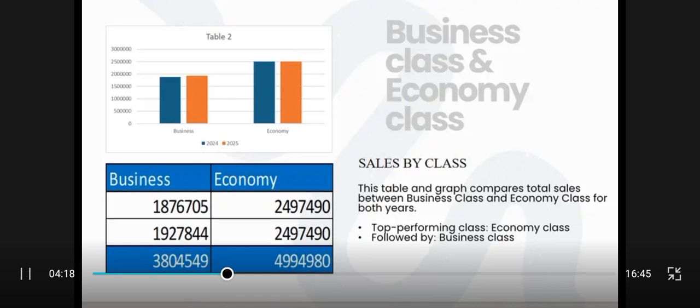And for economy class, it is 2,497,490 for 2024, plus 2,497,490 for 2025, and that's a total of 4,994,980. And for the main point, economy class sold far more tickets and earned more money, which means it is the top performing category, followed by business class. This shows most passengers choose economy class.